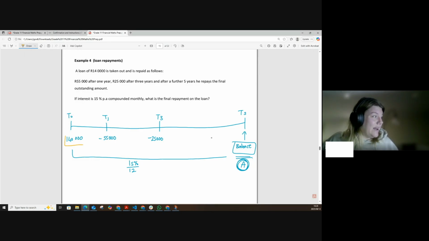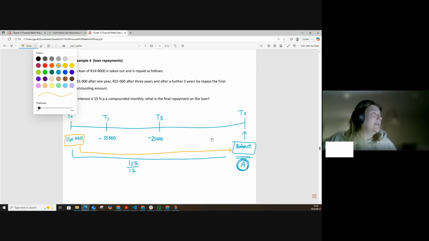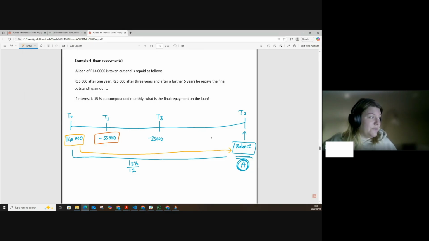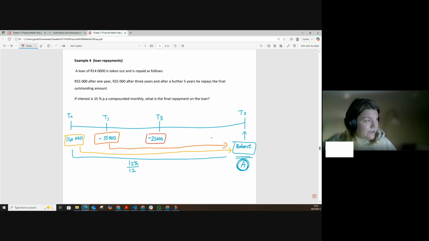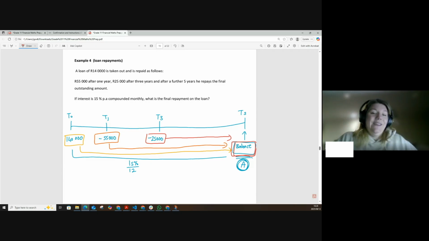We're going to work out the yellow one's journey, which is just one thing and you can do it in one single line. Then we subtract our orange journey and subtract our red journey, and that gives us our balance. You can do it all in one line.